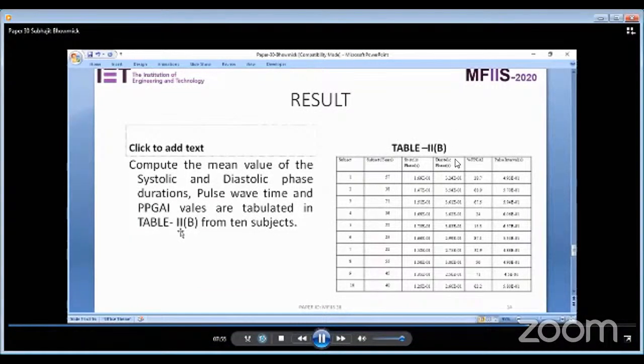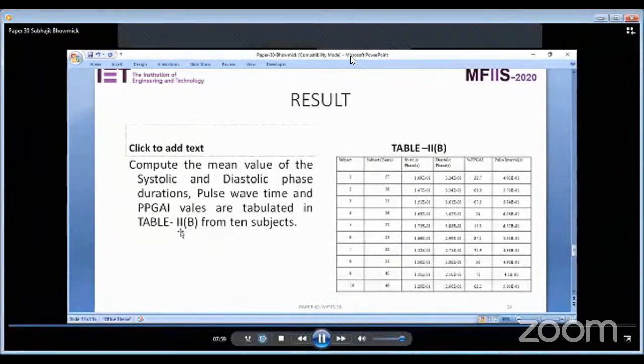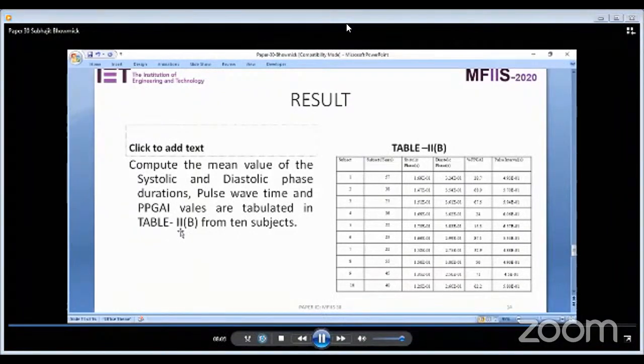Then also determine mean value of systolic phase, diastolic phase, PPG AI, and pulse interval from 10 subjects of different age groups tabulated in table number 2B. Here also the same 10 subjects from 10 different ages.